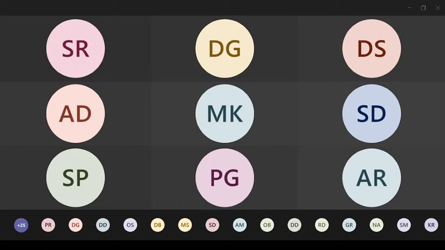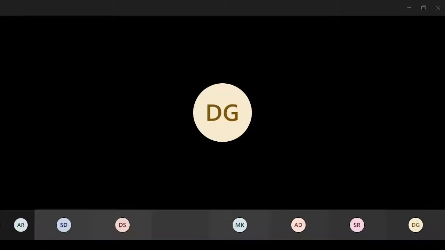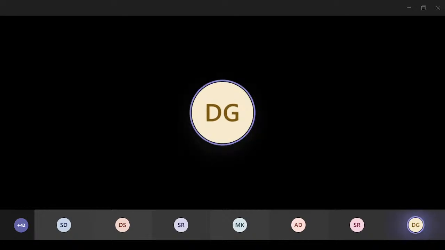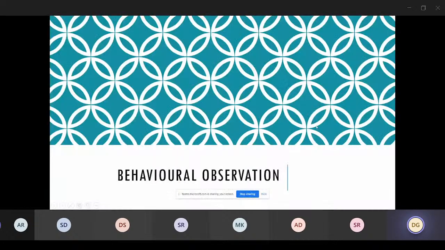Good morning, students, and everyone present here. We will start with behavioral observation. Behavioral observation is the initial part of mental status examination. Why have I separated these two parts, behavioral observation and mental status examination?